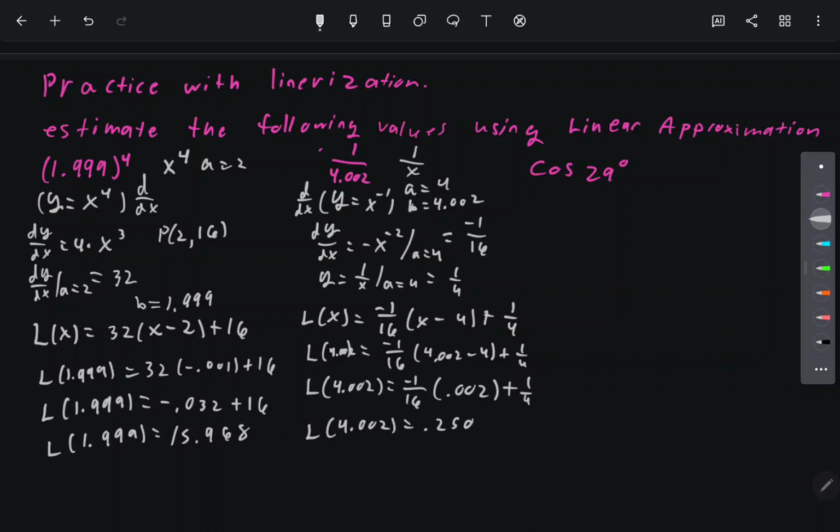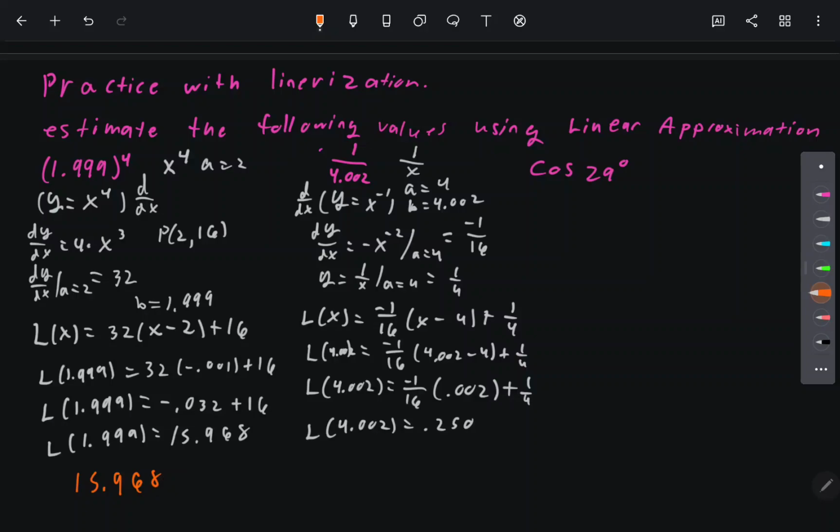And you may be asking yourself, what are these actual values so far? And I will give you those. So I'm going to write them actually out in orange here. So for this first one, it's going to be 15.968. Look at how close those two approximations are to each other.